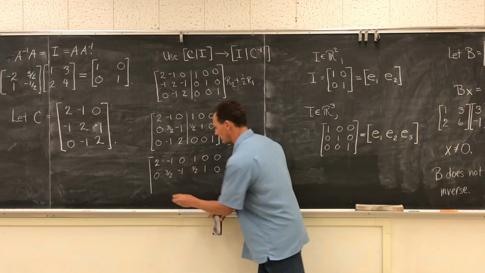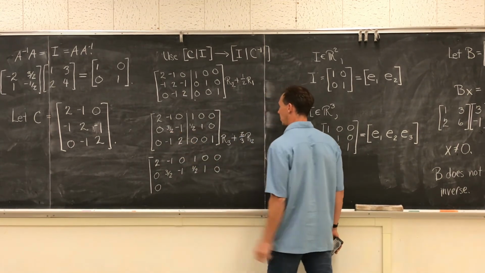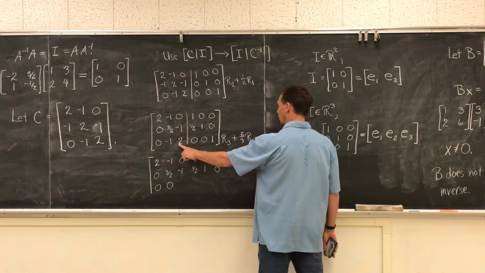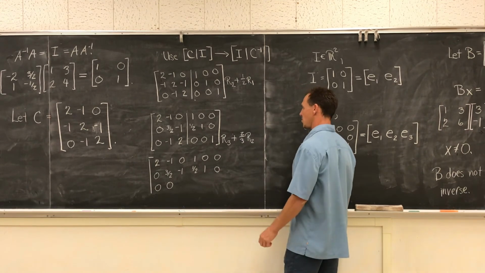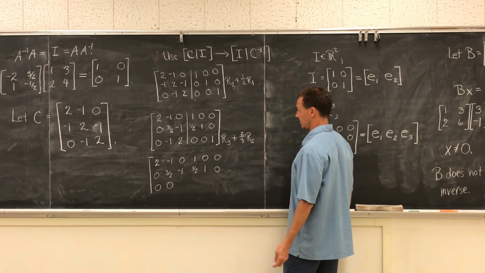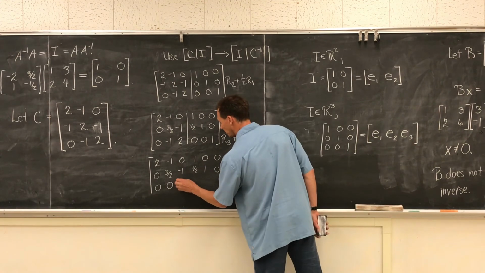So this first one is 0. Minus 1 plus 1 is 0. 2 minus 2/3. Ugh. 2 is like 4, 6. Oh, this is 4/3.